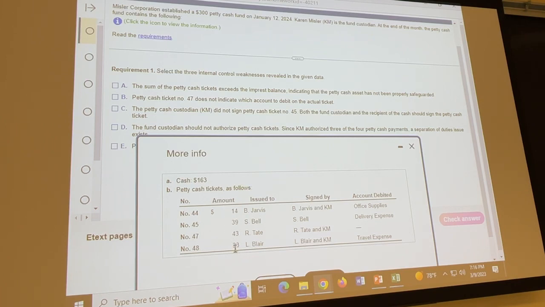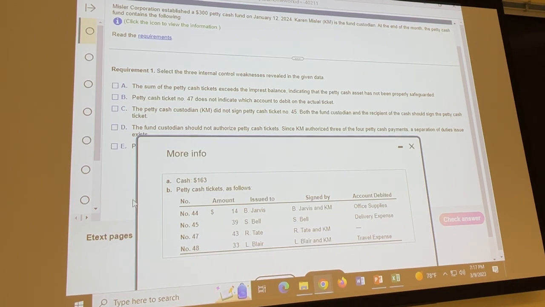Well, if you add together these tickets, I don't know what they add up to, but they definitely add up to less than $300, which is the imprest balance of the fund, what they tell us at the top. So that statement to me doesn't make any sense. So I don't think that's one of the weaknesses.